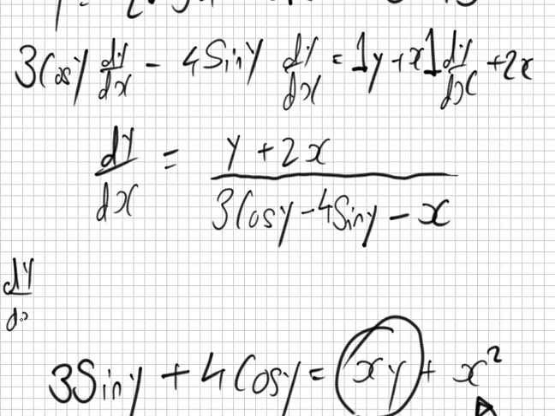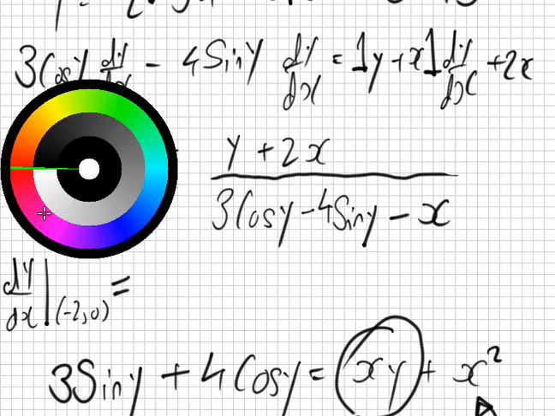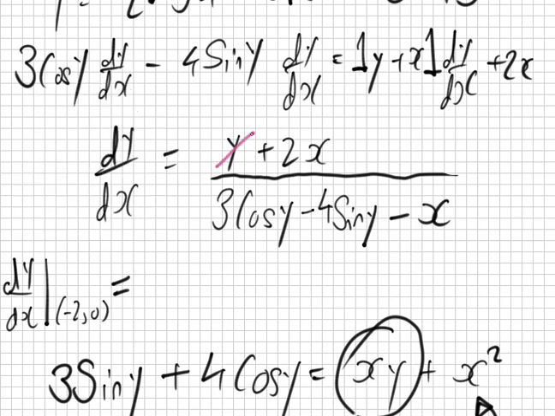Let me put in the point and see what happens. So, what was the first point then? Minus 2, 0, was it? Yeah. So if I put in minus 2, 0, well, the y is 0, and it's 0 for both, isn't it? So that would mean that this piece always goes, and this piece always goes, and cos y, or cos 0? 1.